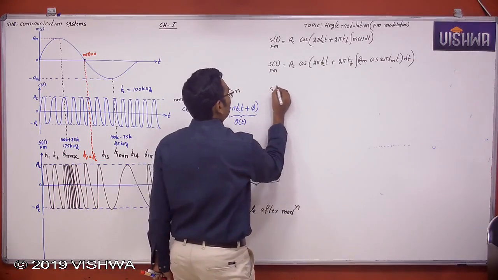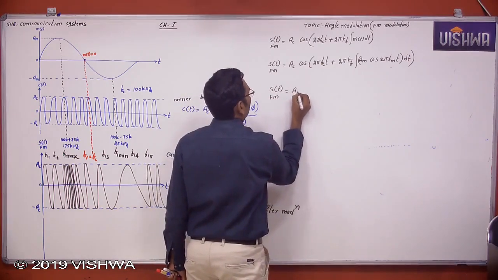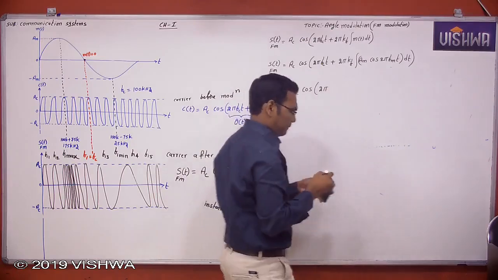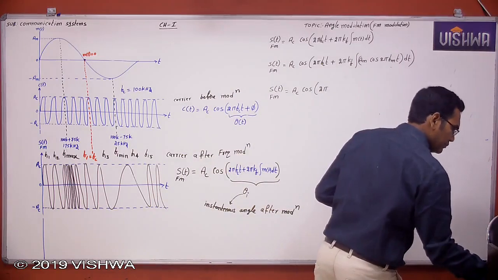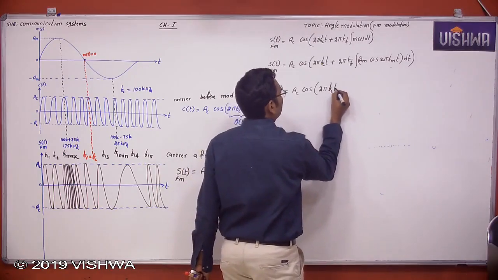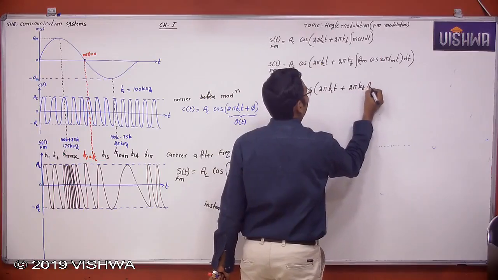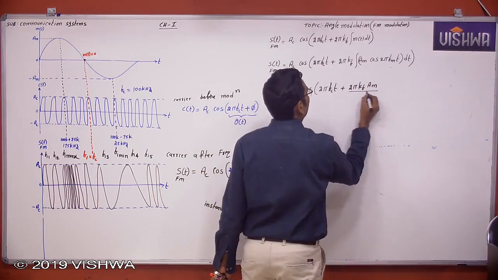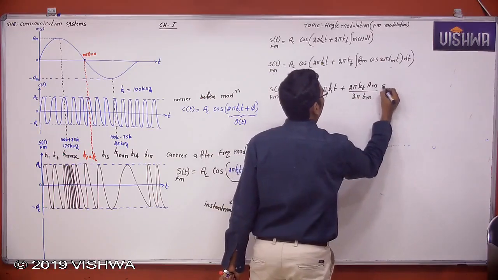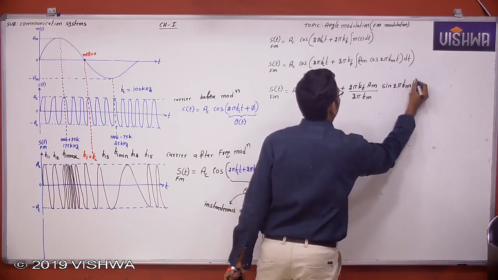Therefore s of t of FM is equal to Ac cos of 2 pi fct plus 2 pi kf into Am. Integration of cos is sine, divided by 2 pi fm, into sine 2 pi fm t.